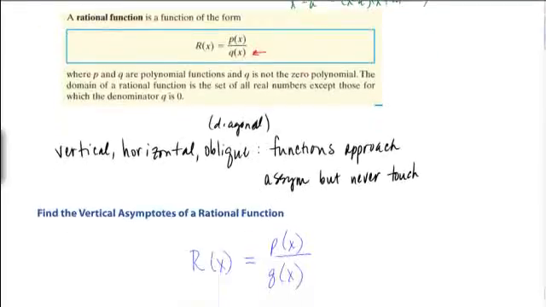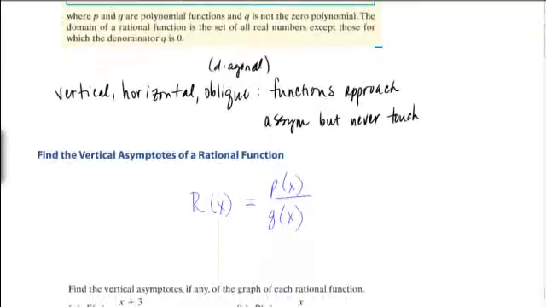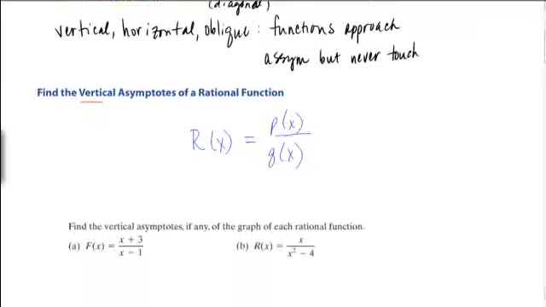So we start off our discussion about asymptotes with vertical asymptotes. Now, remember that if I have a function like this, I really am concerned where the denominator is equal to 0. So what we want to make sure that we have, first of all, is that my rational function needs to be in its lowest terms.